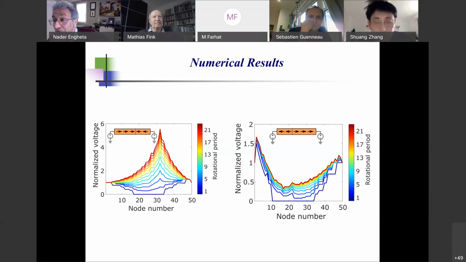But this is a very interesting question, and I would love to talk to you offline, first of all, to make sure I understand your question carefully, and second, to see if this spatial modulation can actually provide an interesting non-equilibrium system for you.